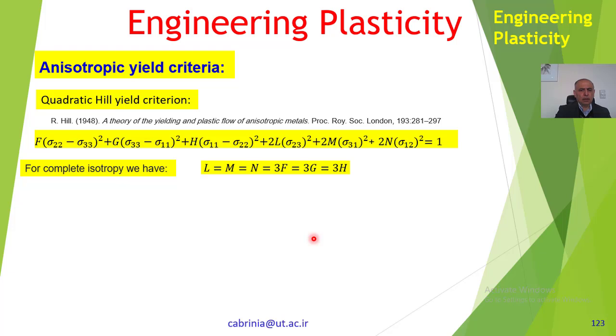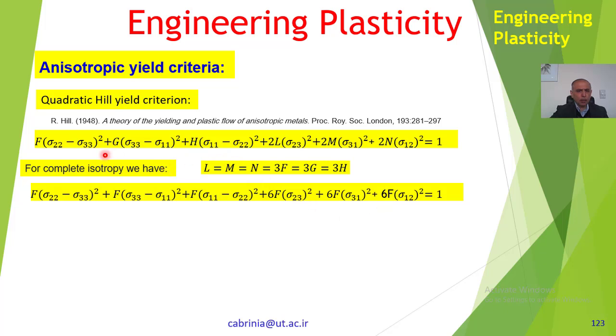Right. Now, this equation, if we put these constants equal to each other like that and put it in this equation, you get the isotropic conditions which we usually have in the yield criteria.